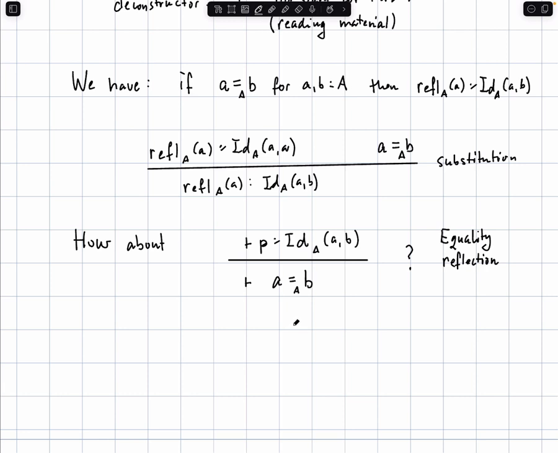I spent several years thinking about how you might implement a proof assistant that has this rule, and the answer is with difficulty. So this rule turns out to break lots of algorithms that proof assistants use because it makes equality, this relation equality at the level of terms, undecidable.